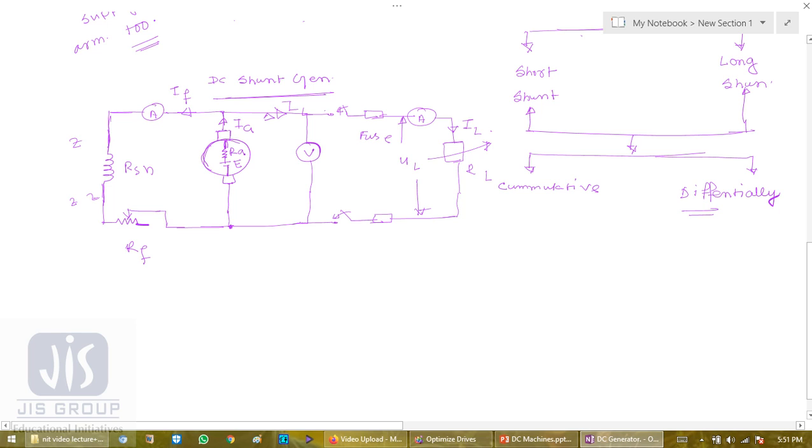Here the armature drop is UA, suppose. So this is my terminal A. The field drop is UF. Okay, and this is the complete DC shunt generator circuit.